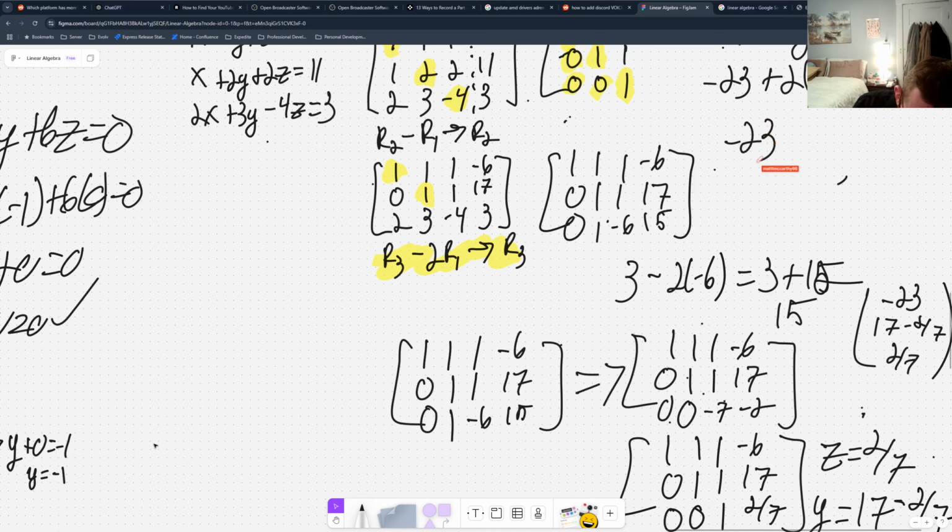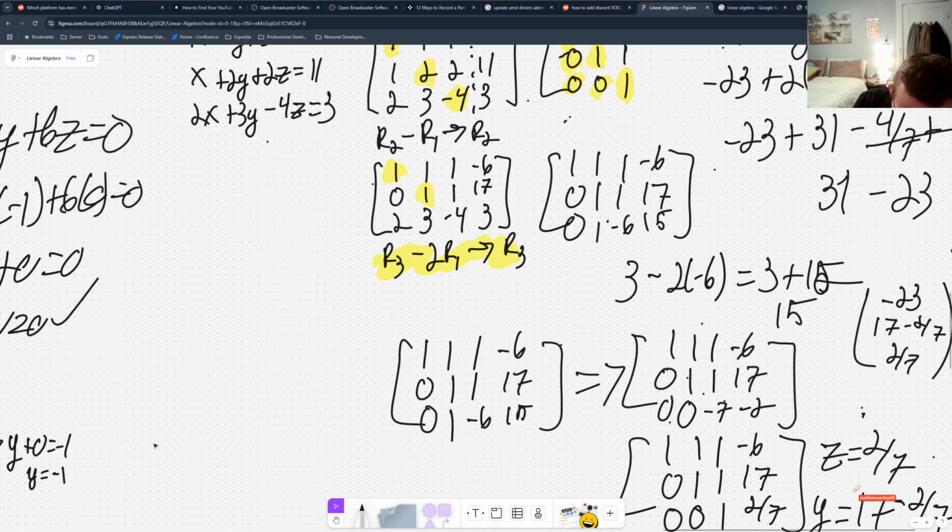So negative 23 plus 31 minus 4 over 7 plus 4 over 7 equals 11. These cancel. 31 minus 23 is not 11, right? It's 12. Or it's 9. Wait, 31 minus 23. Questioning everything. 8. So these are not equal.